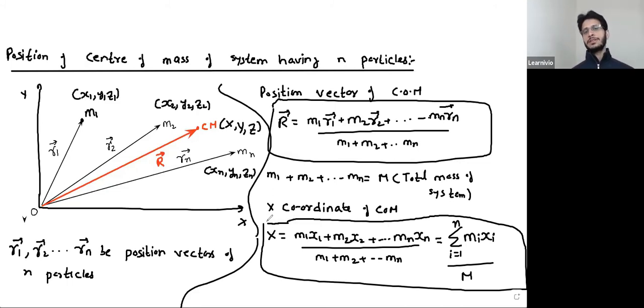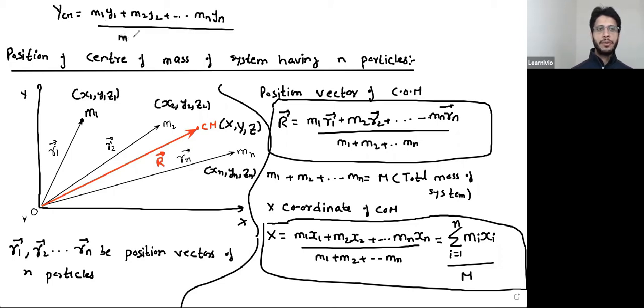Now, the same way, just like the x coordinate, you can calculate the y coordinate of center of mass. I'm writing it here. The y coordinate of center of mass is m1 y1 plus m2 y2 up to mn yn, divided by m1 plus m2 up to mn. This you can write as summation of mi yi, i equal to 1 to n, divided by the total mass.